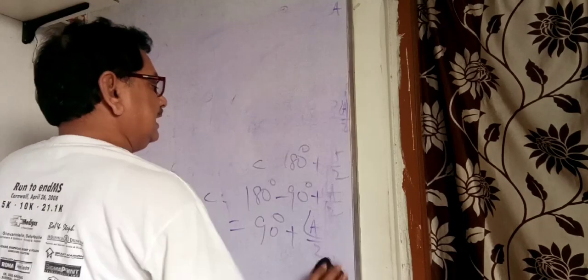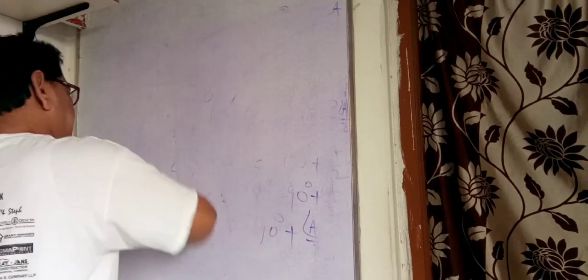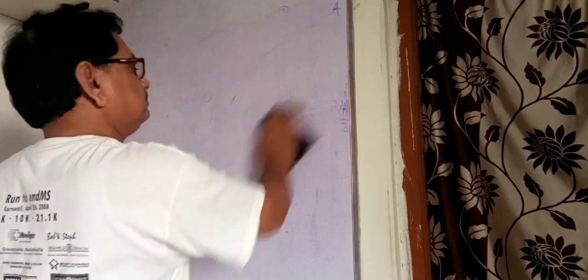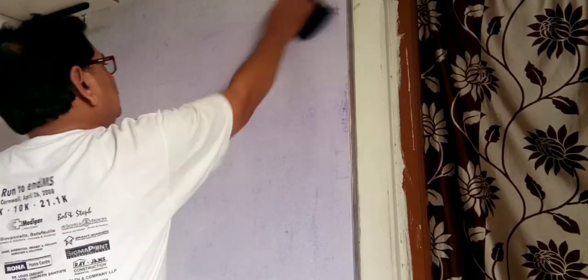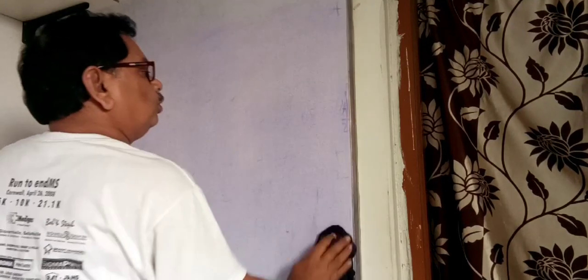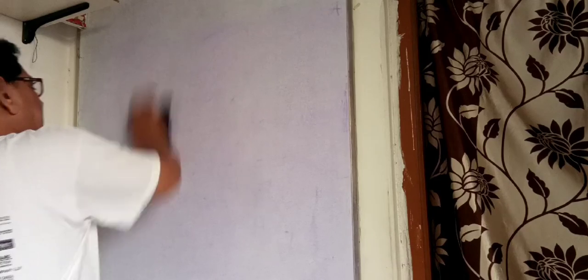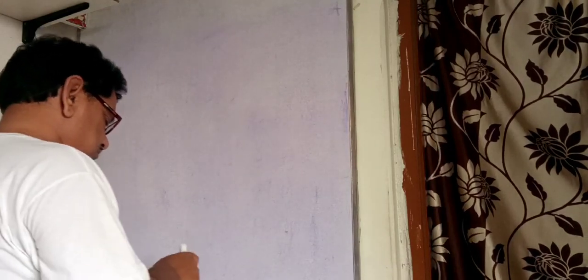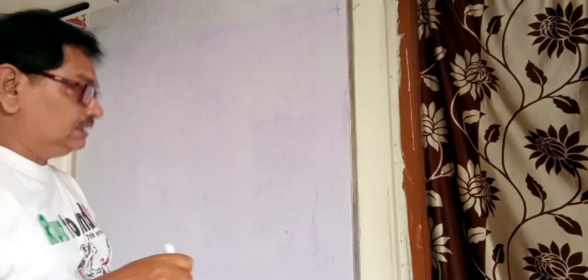Now the next one is the external bisector result, and that tells that if two external bisectors of base angles are joined to meet at O, then angle BOC so formed will be equal to a right angle minus half the vertical angle.